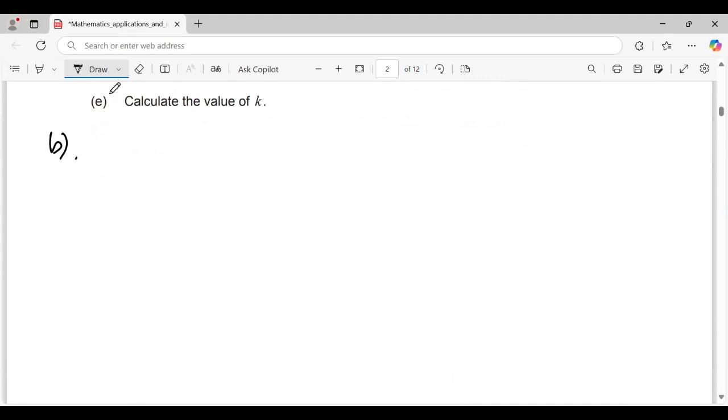The interval symmetric about the mean that contains 95% of data will be between mu minus 2 sigma and mu plus 2 sigma, where mu is the mean and sigma is the standard deviation.